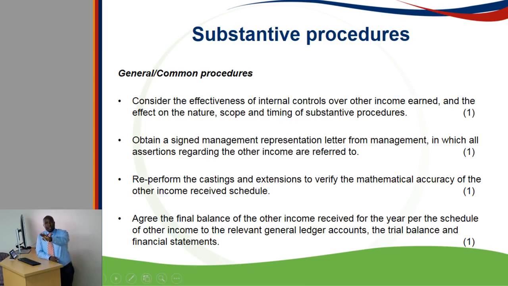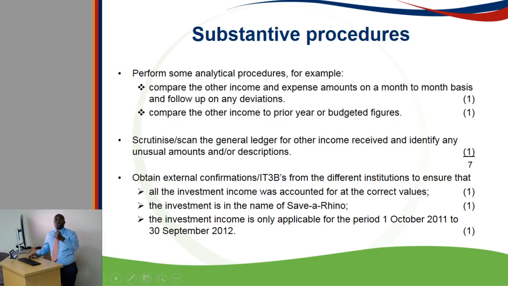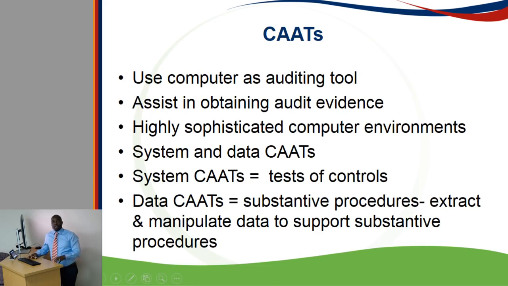Obviously, you'll consider effectiveness of controls. I mentioned that mentioning the common procedures first is key, unless the question specifically requests that you exclude it. Consider effectiveness of internal control, obtain signed management representation letter, perform casting and cross-casting, agree to the financials. So look at the common procedures first. Obtain external confirmations, perform analytical procedures, right?